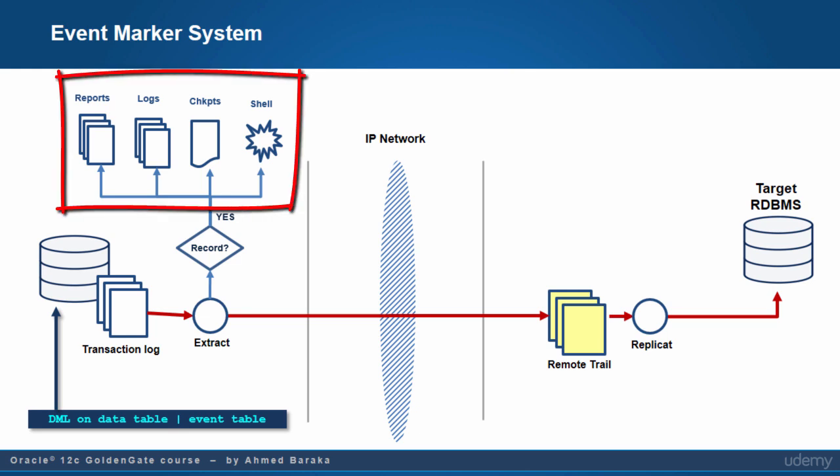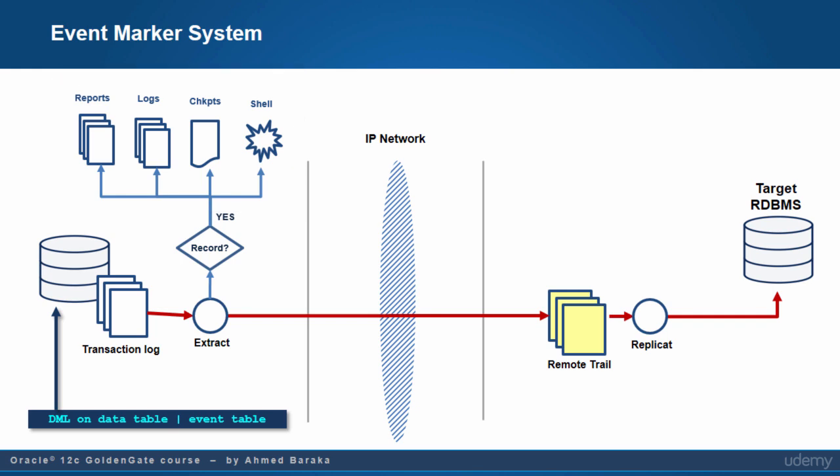This may include generating a process report, writing some information in the log files, issuing a checkpoint, or even executing an operating system shell script. I will show you later a list of the actions that can be defined in this system.